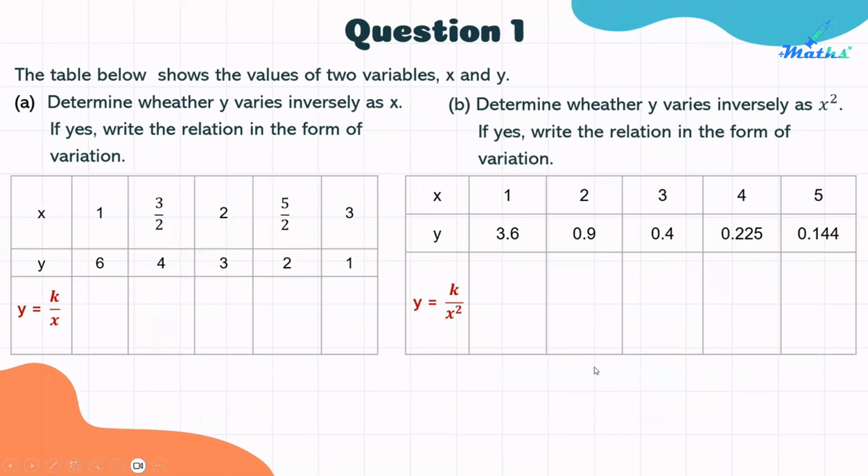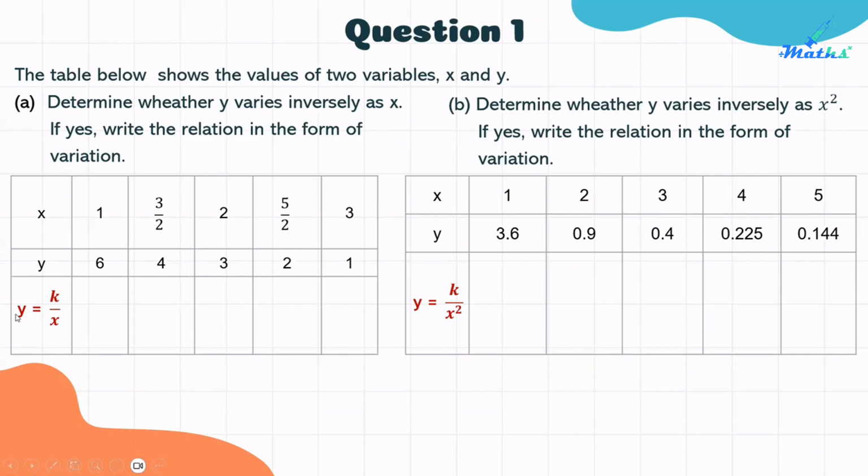Okay, question 1. The table below shows the value of two variables x and y. Determine whether y varies inversely as x. If yes, write the relation in the form of variation. Okay, to determine whether y varies inversely as x, we need to see whether the k is a constant.